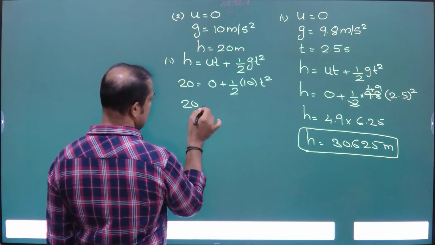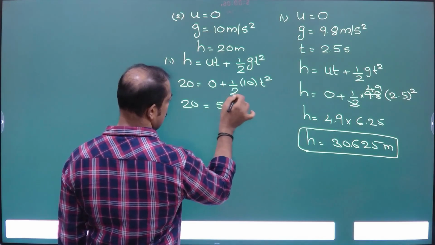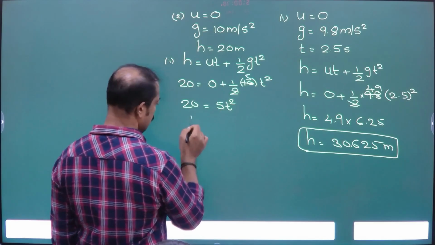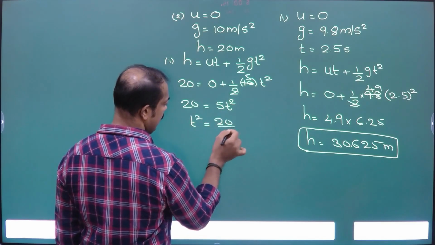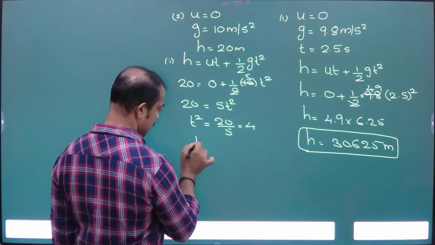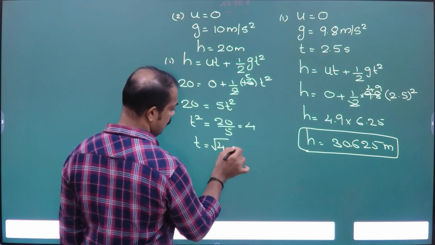So 20 is equal to 5t square, 2 से 10 cancel है 5. So t square is equal to 20 divided by 5. So t is equal to square root of 4.